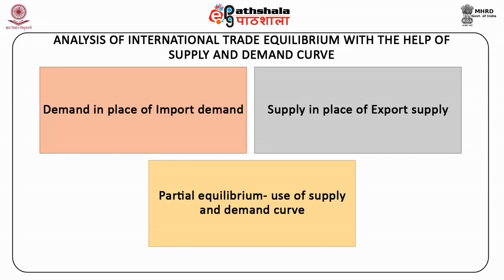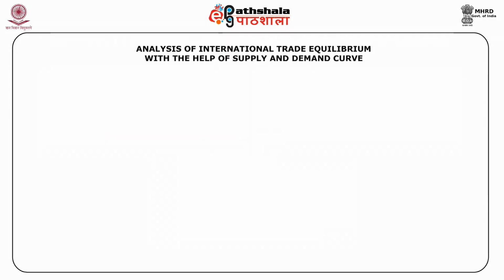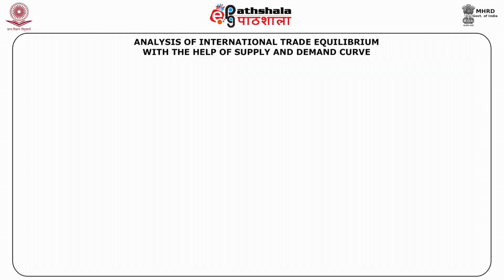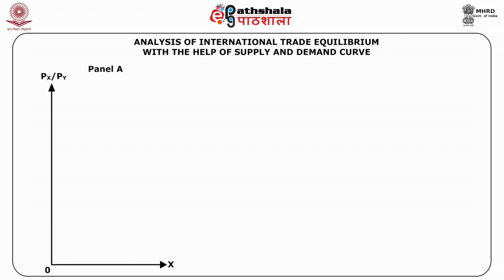The partial equilibrium analysis is based on the use of supply and demand curves of the traded commodity. We will understand the partial equilibrium analysis of the two nations and one commodity case with the help of the diagram. In the diagram, panel A depicts the price of commodity X on the vertical axis and quantity of the commodity on the horizontal axis.